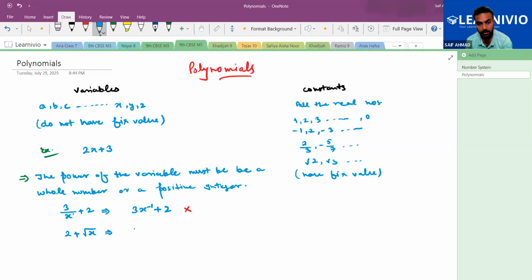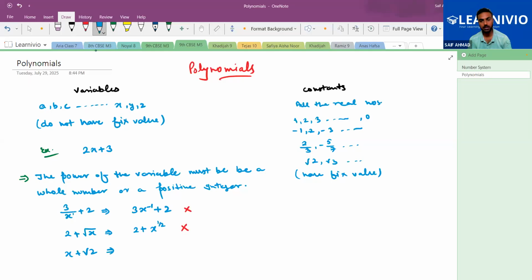Why? Because what is the power of x here? What do you mean by root x? The power of x here is 1 by 2. And 1 by 2 is not a whole number. 1 by 2 is a fraction. It is not a whole number. So that's why this is not a polynomial. Understood? Yes, sir.